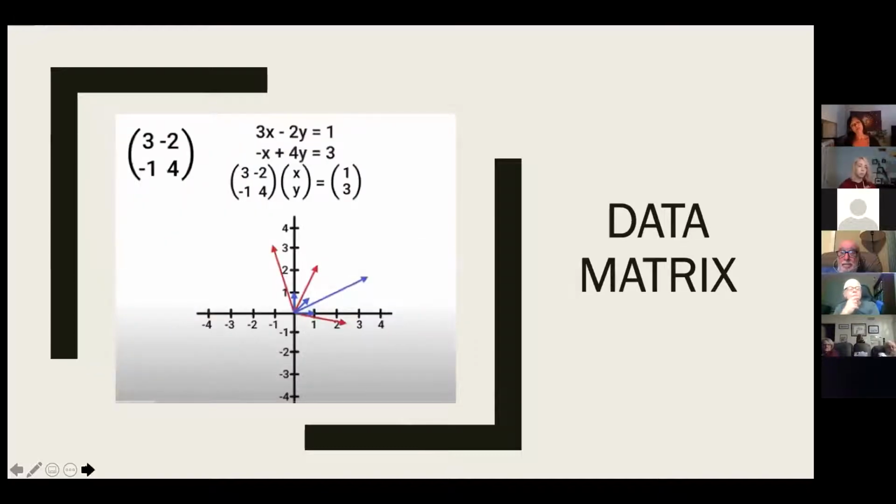As I went into more advanced math, we start to learn that these matrices can represent a lot of different things, right? So when we solve the interaction of two matrices with each other, we get values that can be mapped on a graph. And so we use this in computer programming, we use this in engineering, we use this in statistical analysis.